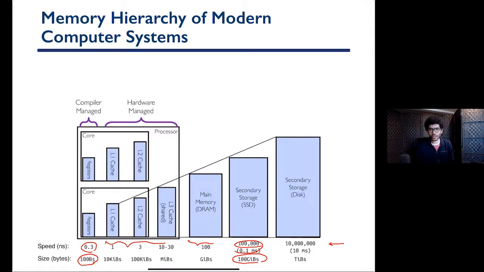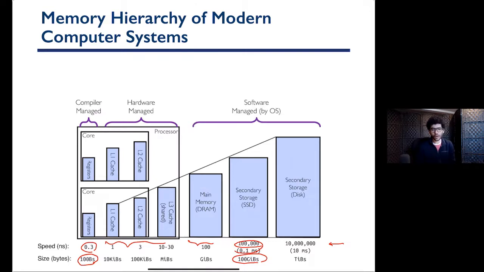Hardware manages the caches. So these are usually called microarchitecture features, and the programmer doesn't have any idea about their existence. So whenever you're coding, you usually don't care or don't know how much cache your system has. The more cache your system has, the faster your program executes usually. But this is managed by hardware, and it's hidden and transparent to the user.